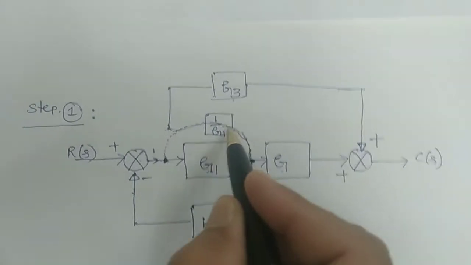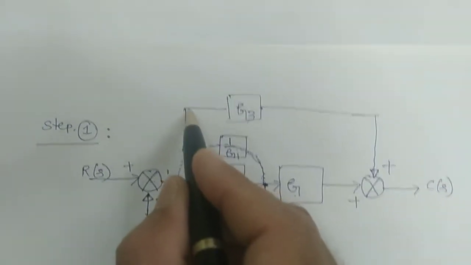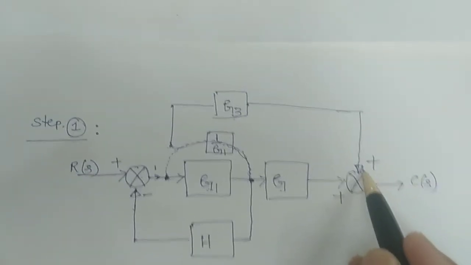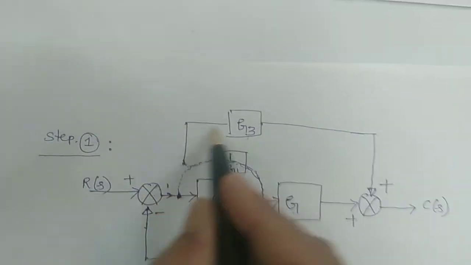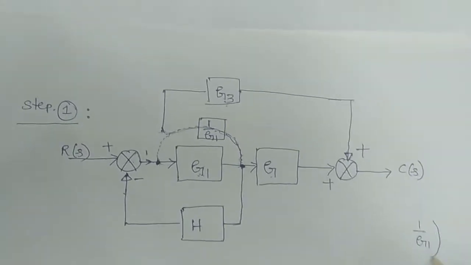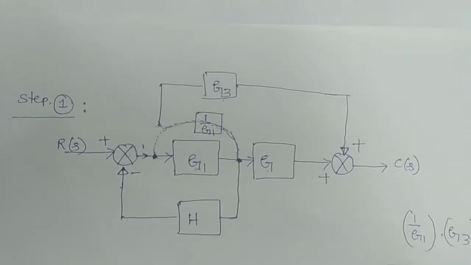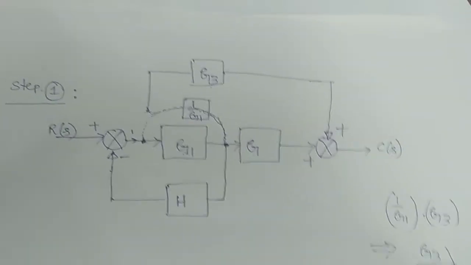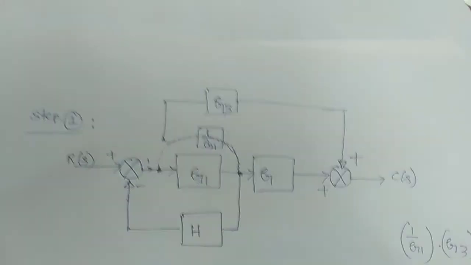In this path, 1 by G1 gain is added newly, and it is in cascade with G3. So here 1 by G1 is in series with G3. Therefore, 1 by G1 into G3 implies G3 by G1. G3 by G1 is the total gain of this block now.